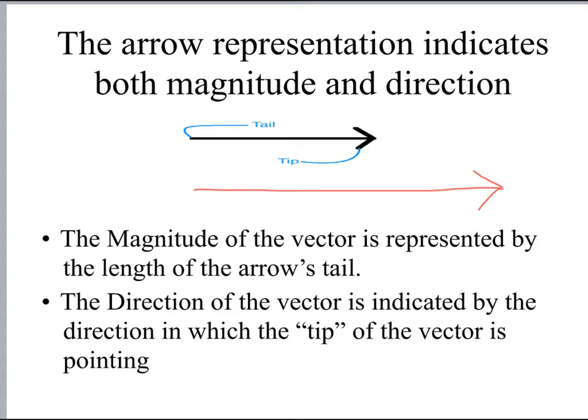So the length of the vector that you draw when you represent it as a picture, that determines the magnitude. Now, the tip of the vector, that determines the direction. So both of these vectors are pointing in the same direction. I could also draw a vector in some other direction, and I would have the length and the direction both specified by that picture.